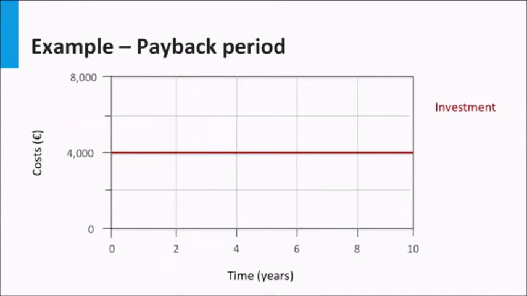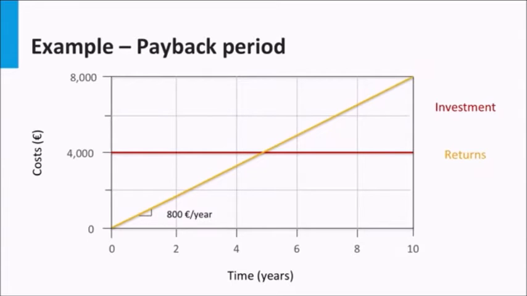In this graph, we see a straight line denoting the fixed investment costs in the beginning. As the family consumes more of the clean power produced by the PV system, it offsets the electricity bill accordingly. In this example, the amount saved is 800 euros per year. In other words, the family earns a return of 800 euros per year on the PV investment.